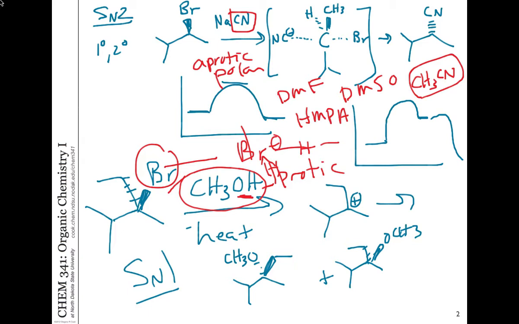Okay, one more thing about the substitution chemistry, tying back into if we want to use an alcohol as a starting material. Okay, if you take a look at, let's just say this.